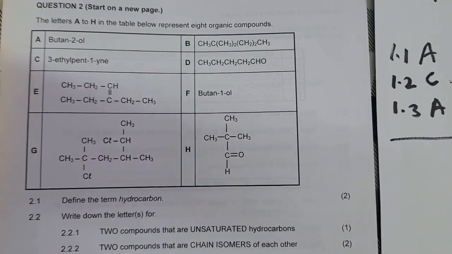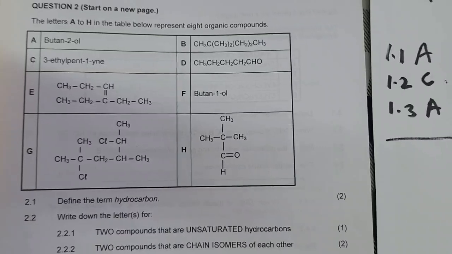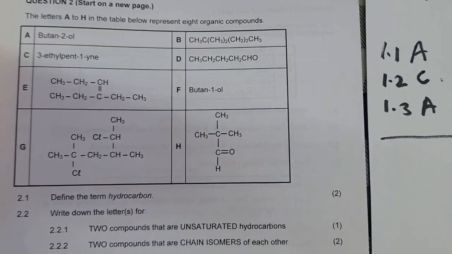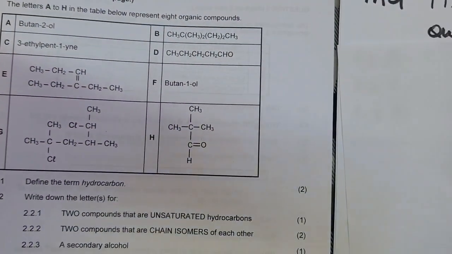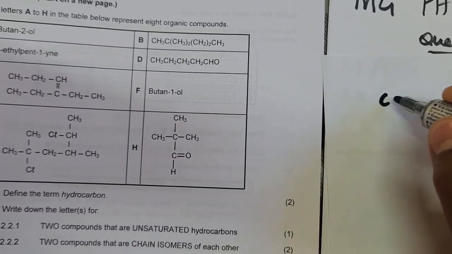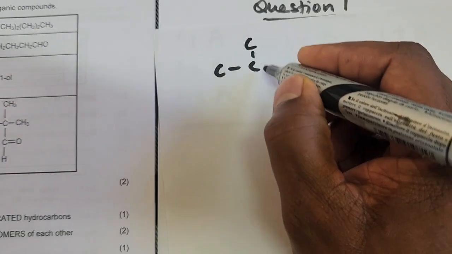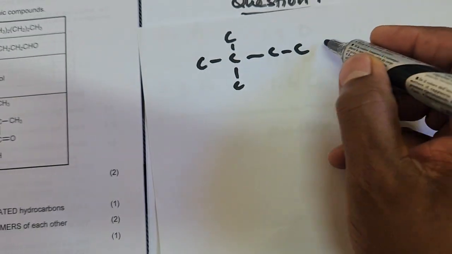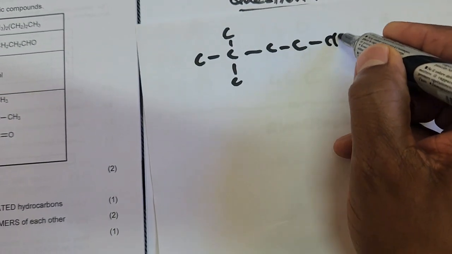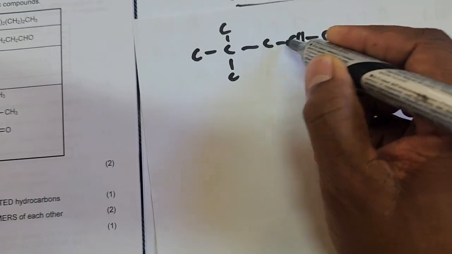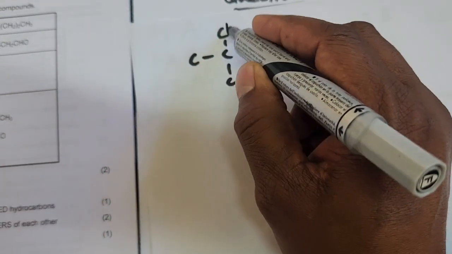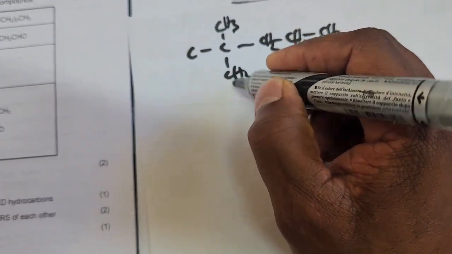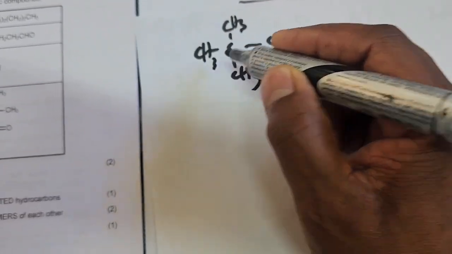If you check that one, you'll find that now B is having 2 branches at carbon number 2. In a nutshell, you'll see that there's a carbon, and then another carbon here, and then the CH2s, and then CH3, CH2, and then CH3, and then CH3.